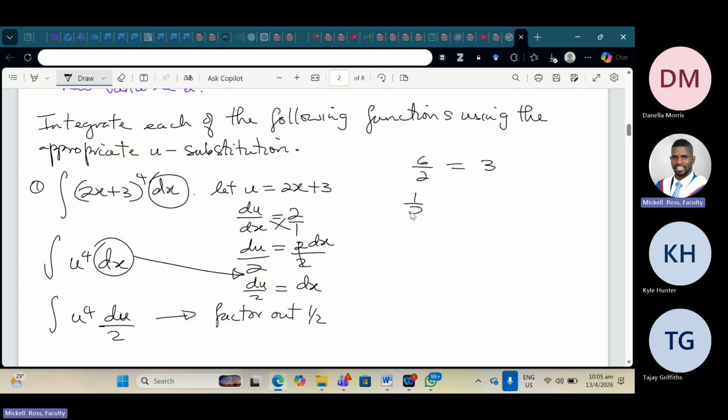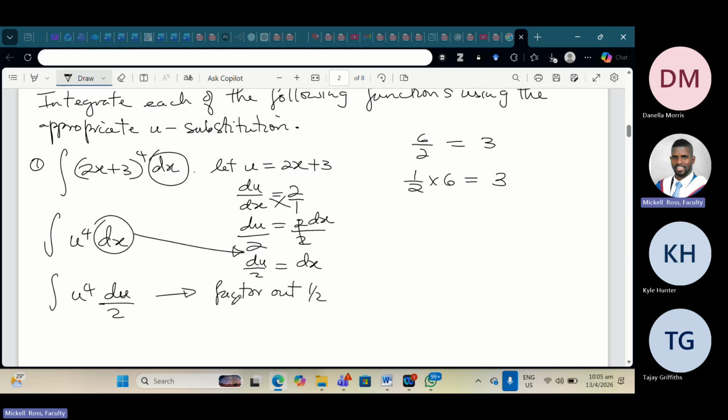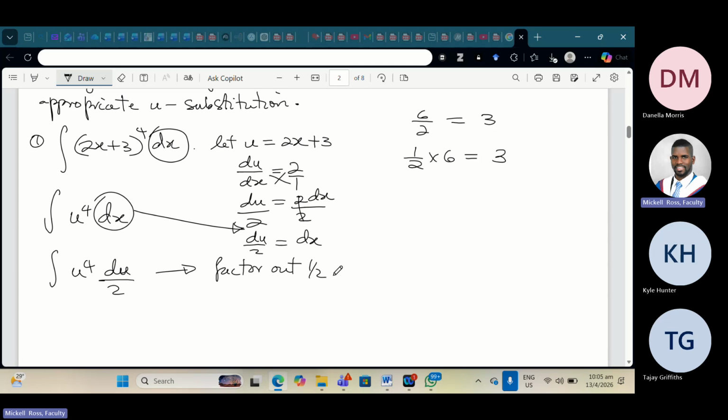And if we have a half times 6, it's going to give us 3. So dividing by 2 is the same thing as multiplying by a half. So here we say that we're going to factor out a half because it is the same thing as saying that you're dividing by 2. So we're going to factor out a half.